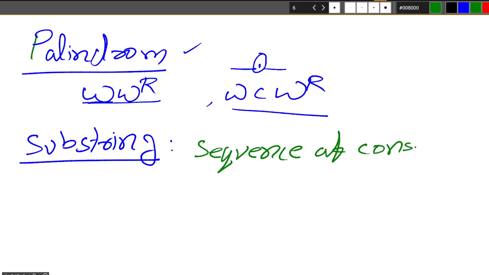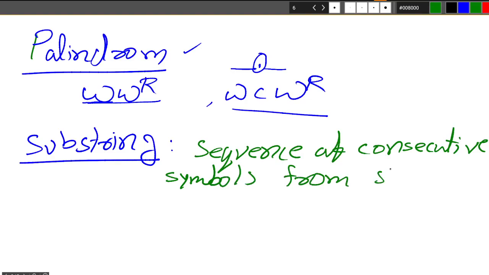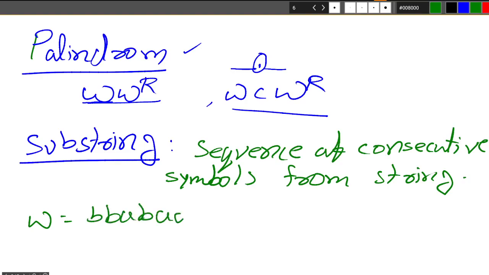So a sequence of consecutive symbols from the string. If at all you have something like, let us take some W, B, A, B.